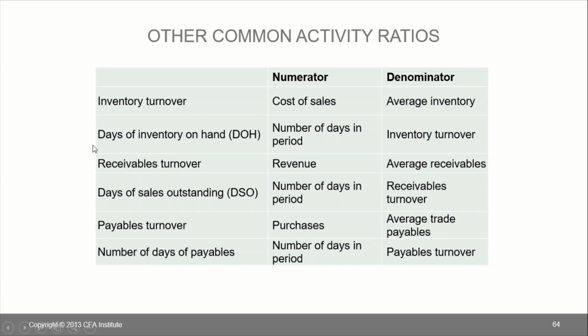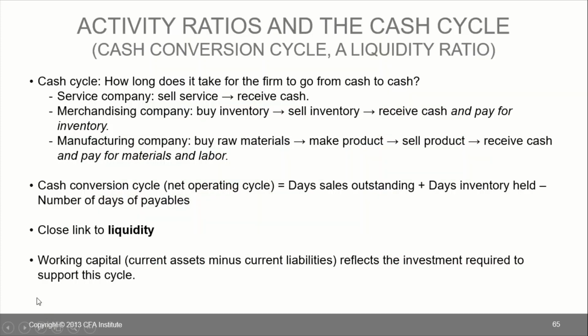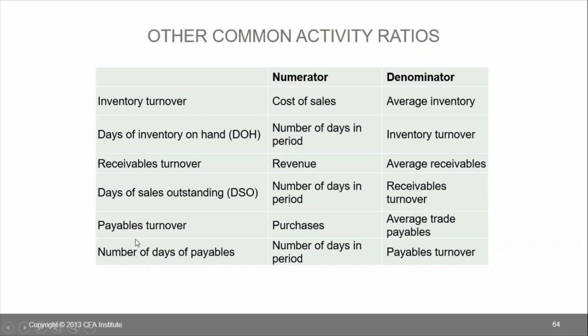So in short, pagka na-compute mo na itong mga ratio na to, you could automatically compute for your cash conversion cycle. And madalas sa mga quiz, ito yung hindi nagmimintis na kasama sa mga questions, kasi ang haba ng formula. Just imagine 3 ratios.